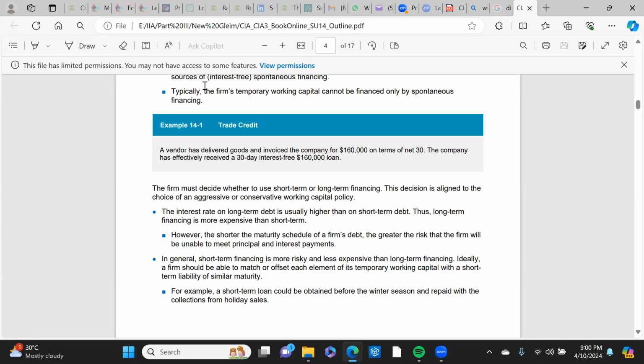Once the vendor delivers 160,000 worth of goods with the term that you're supposed to pay after 30 days, for those 30 days you are getting it free. There is no cost associated with that. So that is what we mean by trade credit.